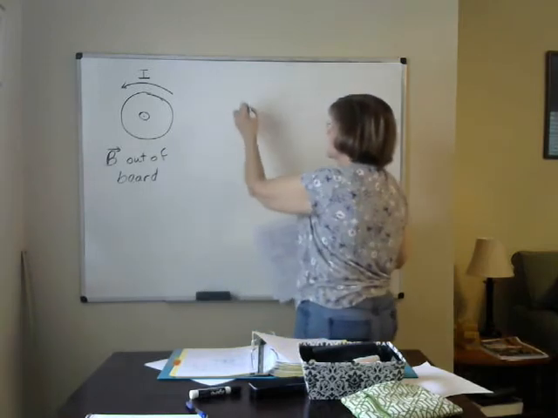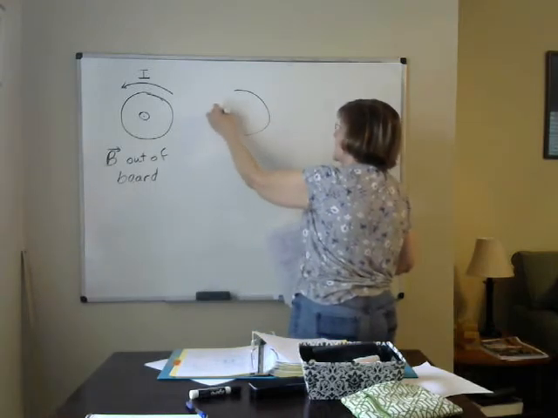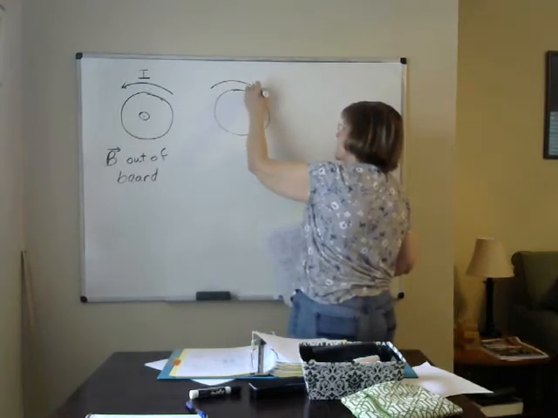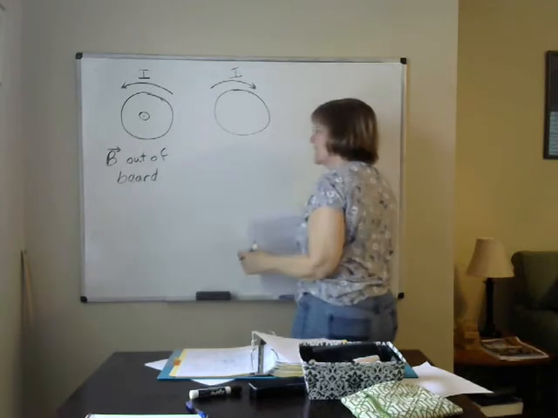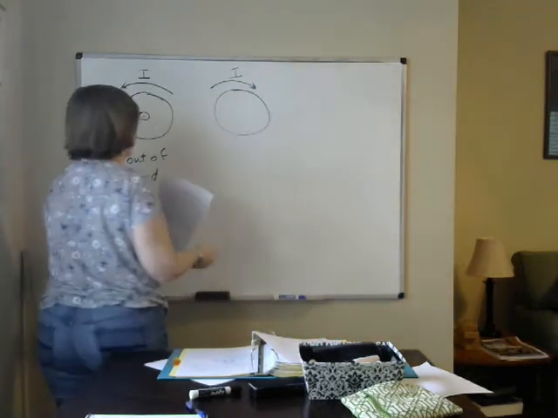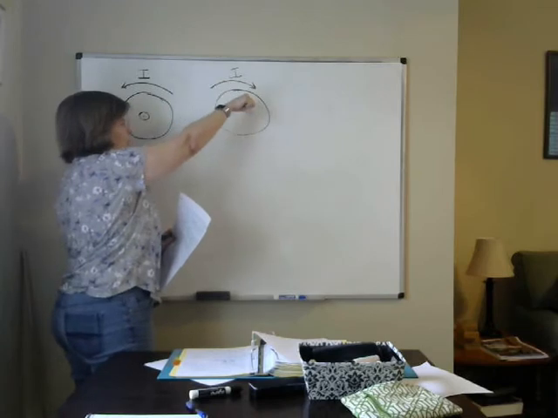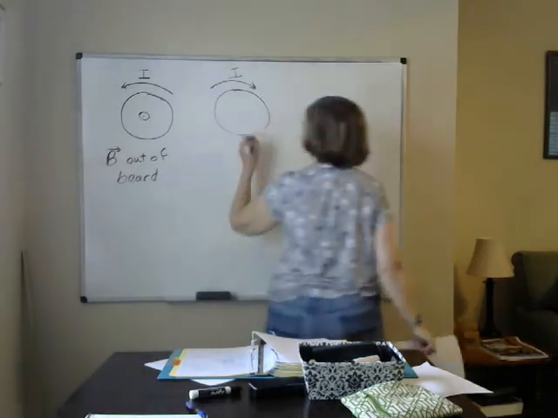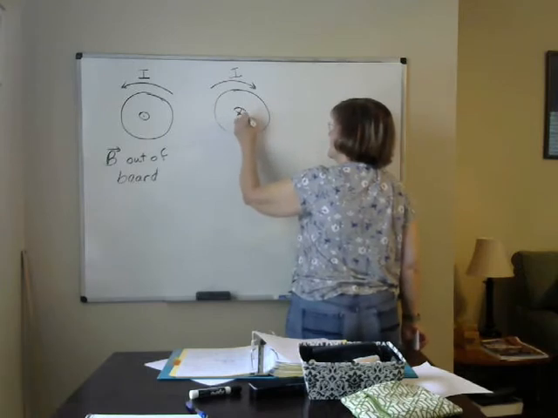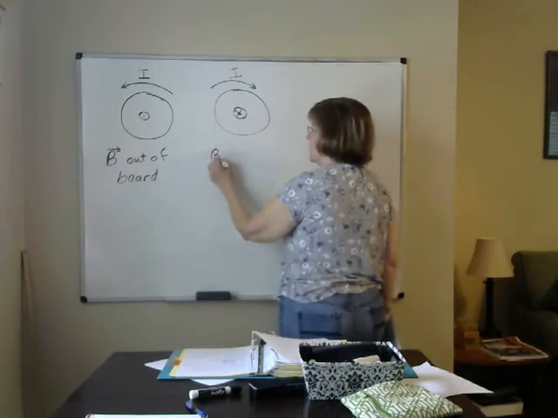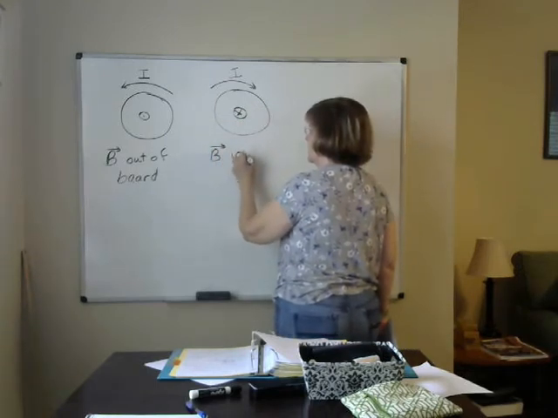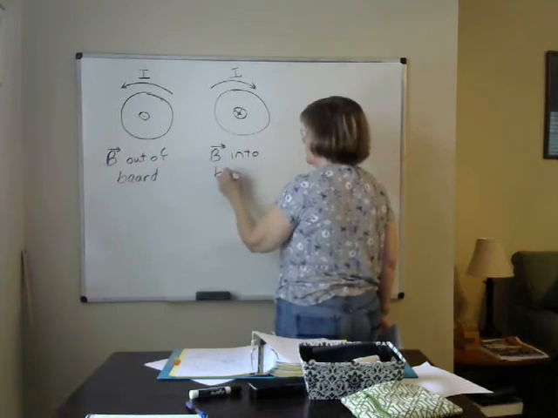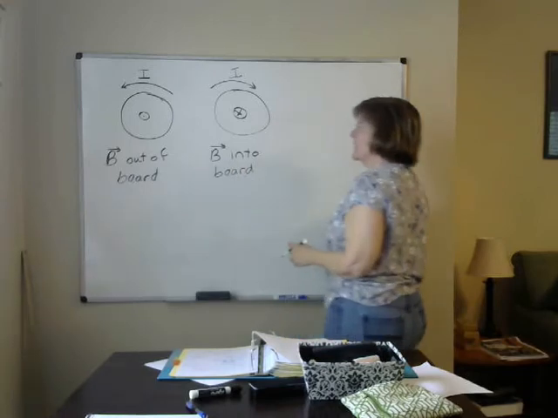If I have a similar loop, but this time the current is going this way, well, now if I take my right hand and curl it with the current, I realize my thumb goes into the board. So I know that B points into the board.